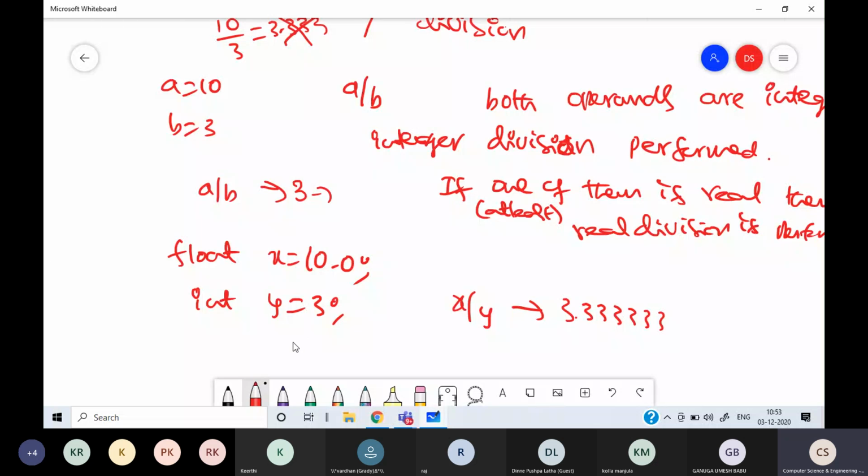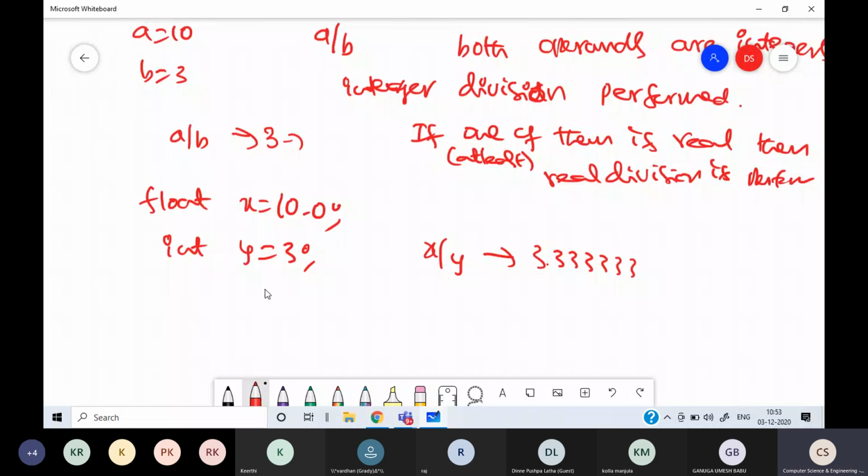Another important point to note in the case of division: the denominator, that is the second operand, must not be 0.